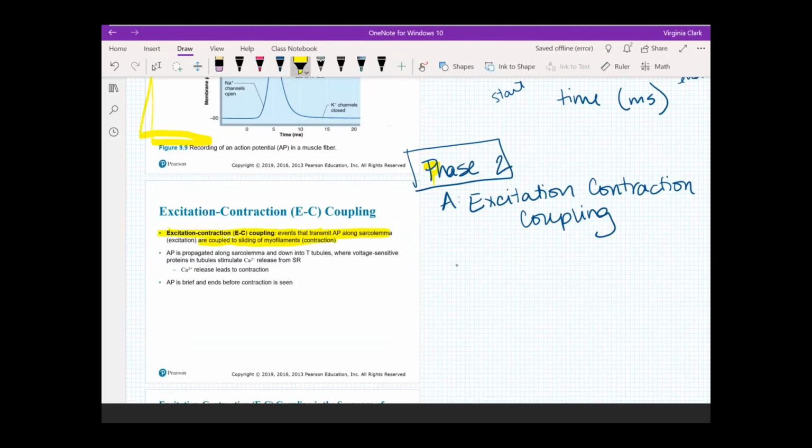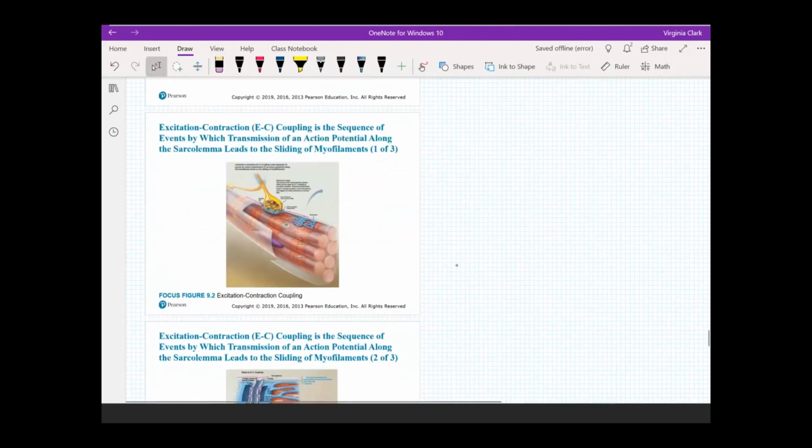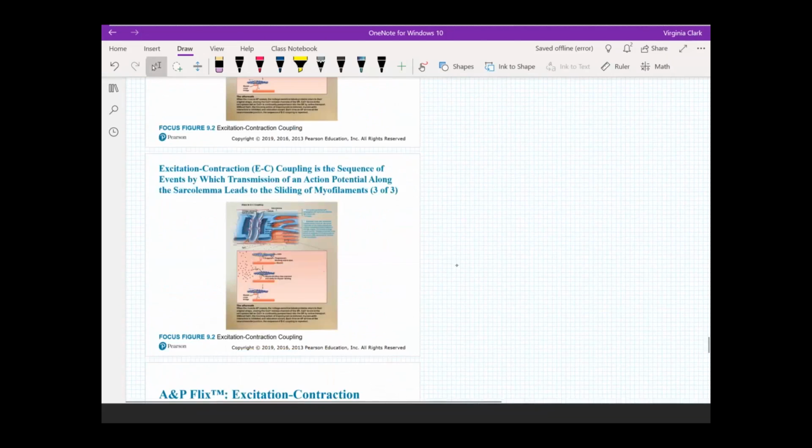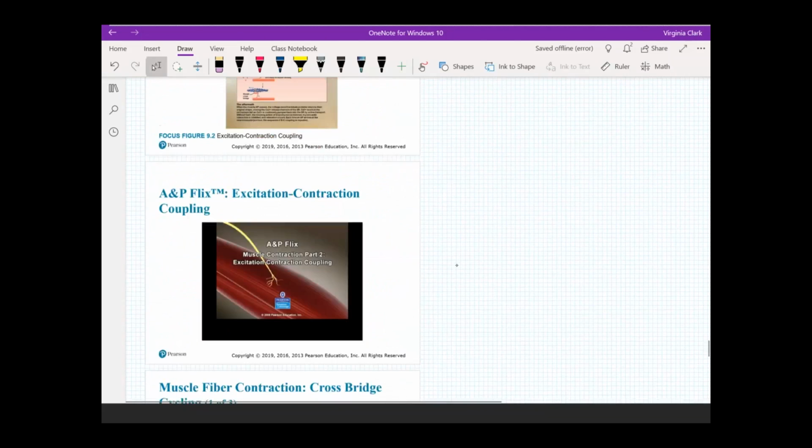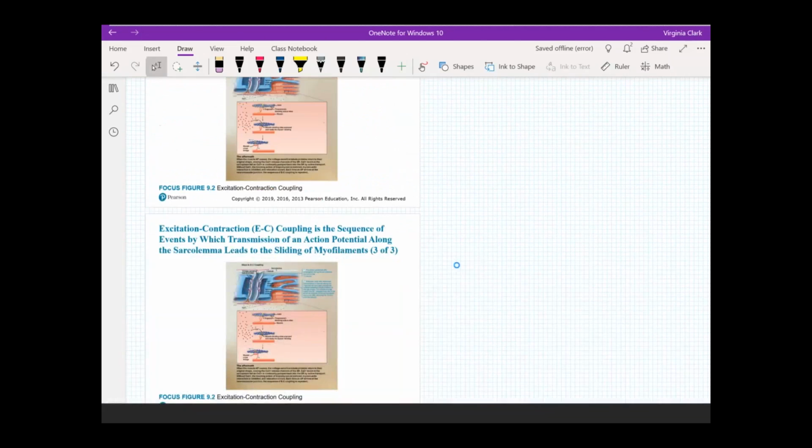So we're going to combine the action potential with the sliding filaments. That is what's happening in this process right here. This is going to be deep inside the cell, and it's going to involve our sarcolemma, our T-tubules, our calcium, and our sarcoplasmic reticulum. So we're going to briefly go through all of those pieces. I'm going to jump down to the image where we have them all.